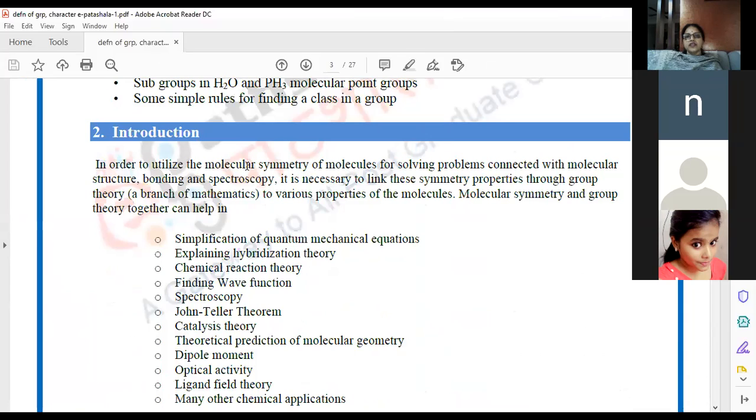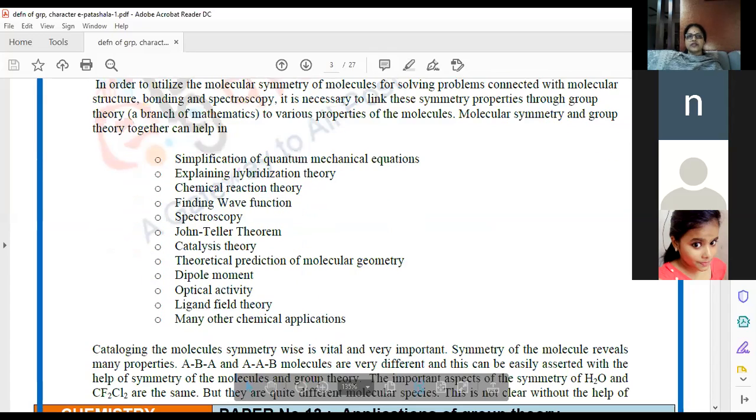Whenever you are linking molecular symmetry to some mathematics, you call it group theory, which is a branch of mathematics. So when you combine a little bit of mathematics and a little bit of molecular symmetry of the molecules, you can study so many things.